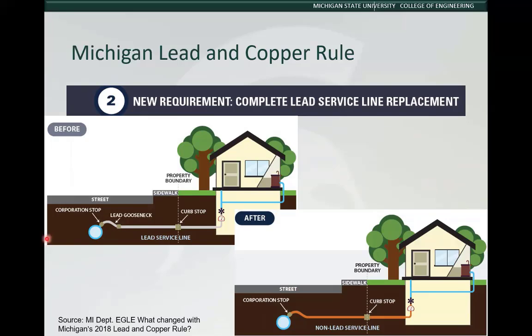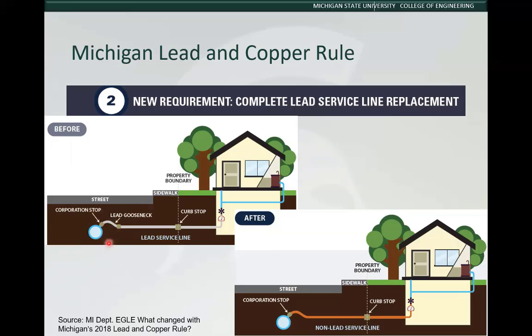They also must replace any lead goosenecks. Basically, the gooseneck is that portion of the pipe that comes off of the main, and lead was often used for this because it's extremely malleable, and you've got vibrations from the road, so you want something that is more giving than, for instance, copper.